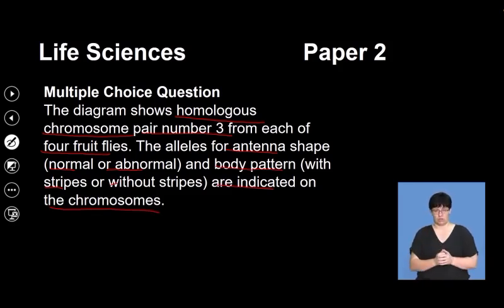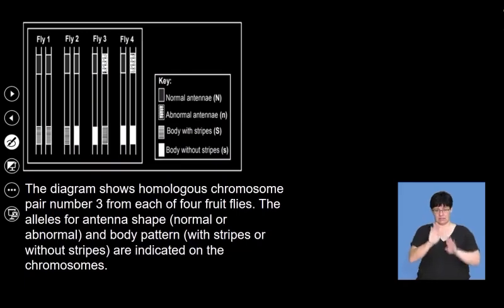So that's the information given to you about fruit flies that have alleles that are either normal or abnormal for the antenna shape, and either stripes or no stripes for their body pattern.